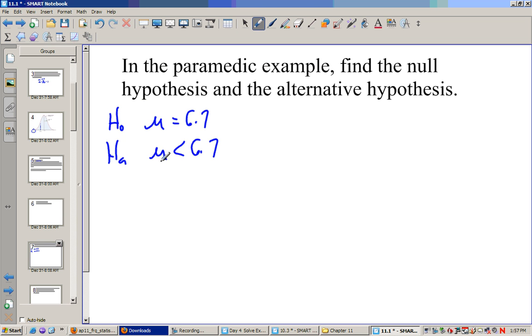And we want our alternative hypothesis to say mu will be less than that value, 6.7. Now we can't just leave this alone like this. We'll have to say what mu is. Mu is the mean response time for paramedics.